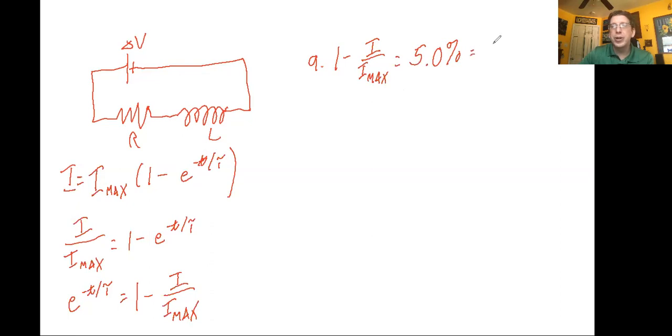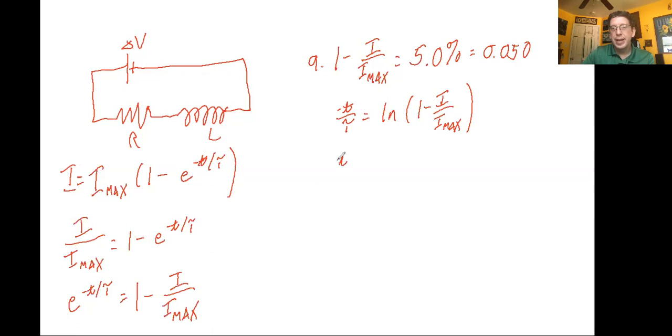And you can write that as 0.050. And then you go through the math. So you finish the steps from there. Negative t over tau is equal to the natural log of 1 minus I over I max. And then you can solve it.